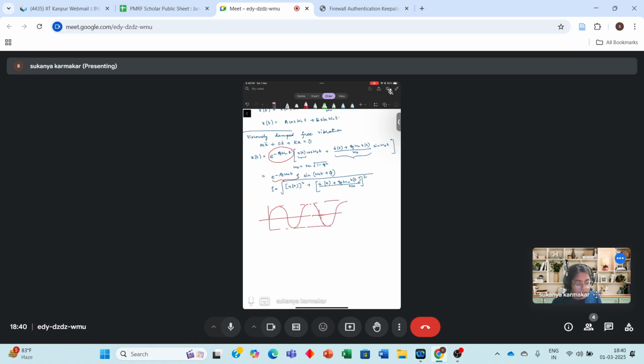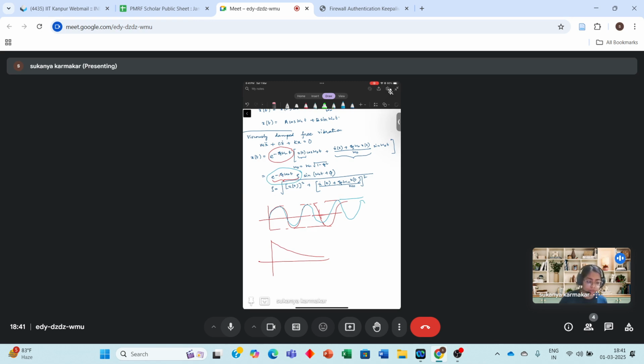But because of this envelope, the plot of e to the power minus x looks like this. When you multiply these two, your response goes on dying out like this. So this is what ma'am was referring to as the envelope curve.